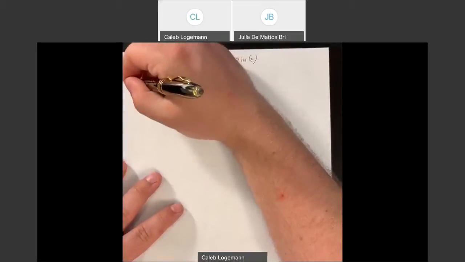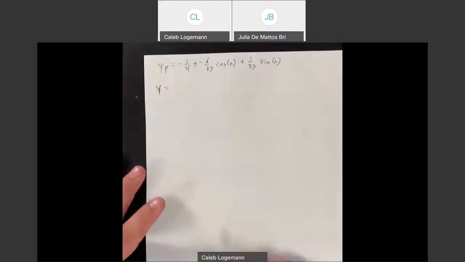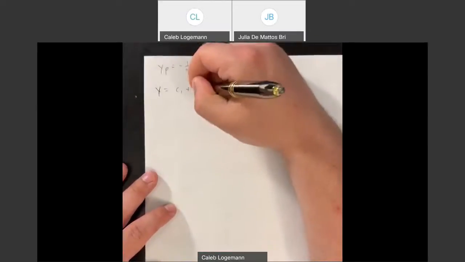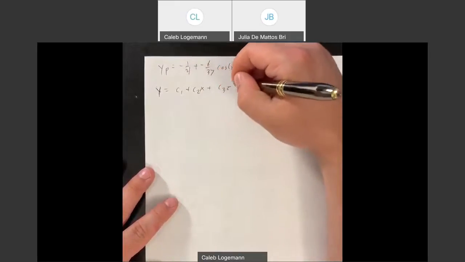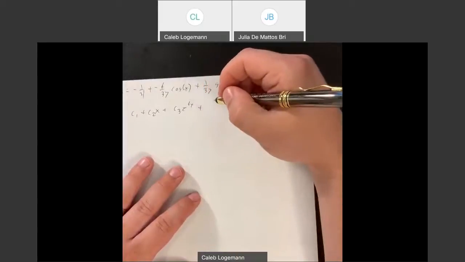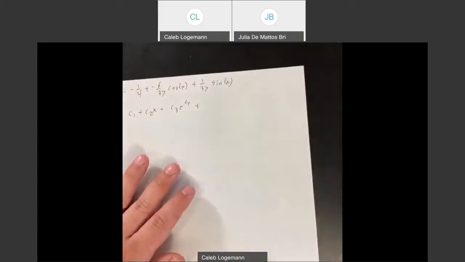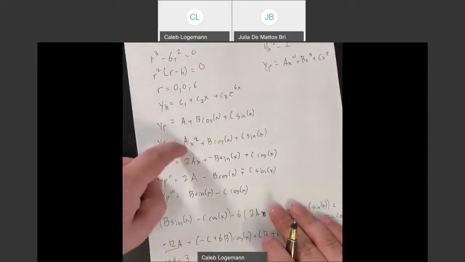And the full solution then would be the homogeneous, c1 plus c2x plus c3e to the 6x, plus this particular solution here. Sorry, I forgot. The a is from the x squared here.